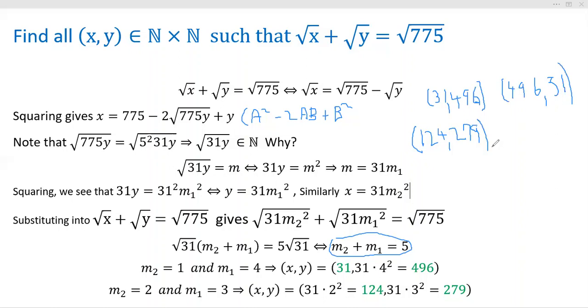It's the same kind of processing, whichever one you choose. So 279, comma 124. I've got to get a little faster writing with this Zoom pencil. So there are 4 solutions, and to say there are 4 is just because of the way the problem's worded, but anyway, these are the solutions.